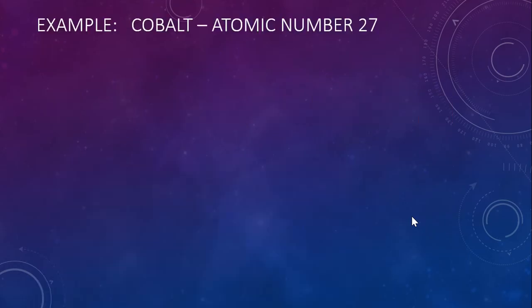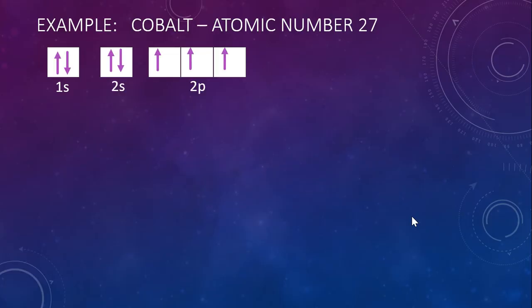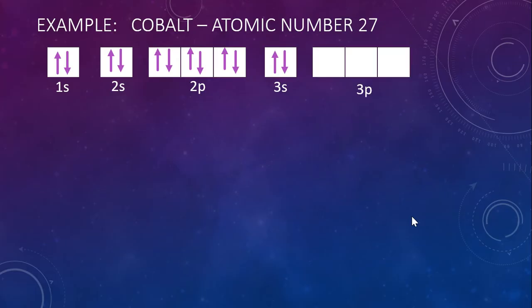Okay, let's try another couple. Now cobalt, number 27. 1s gets 2, 2s gets 2, 2p gets 6, 3s gets 2. That's 2, 4, plus 6 is 10, plus 2 more is 12. After 3s comes 3p, 6 more, and now we're at 18 total electrons.